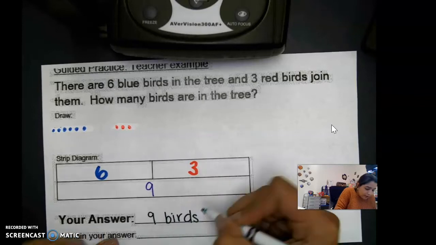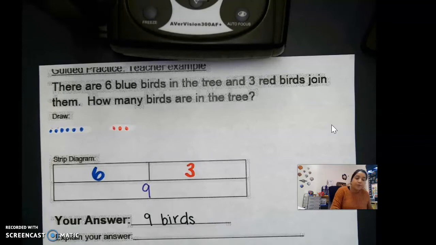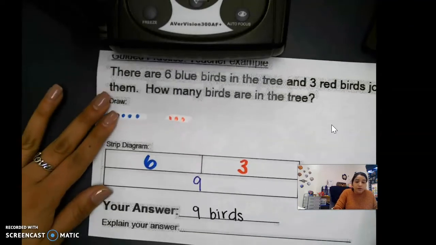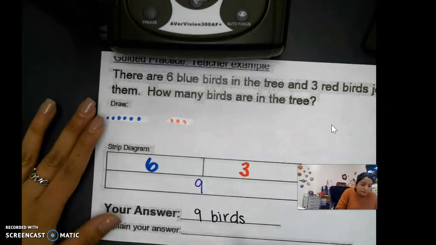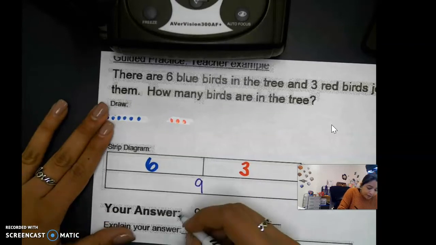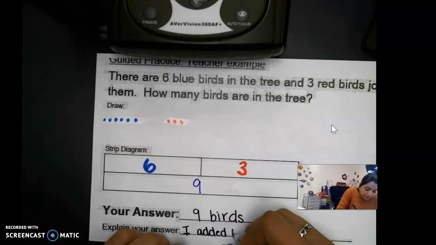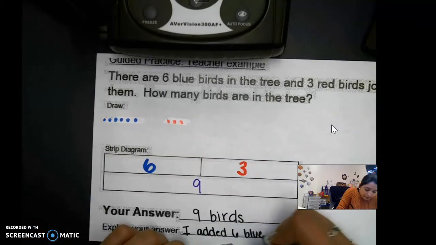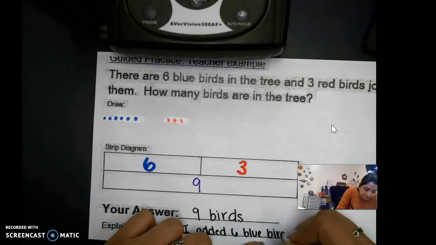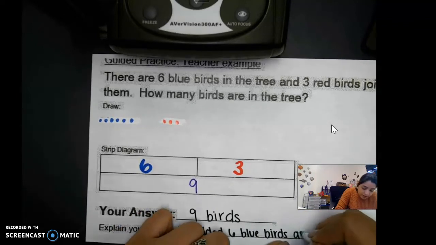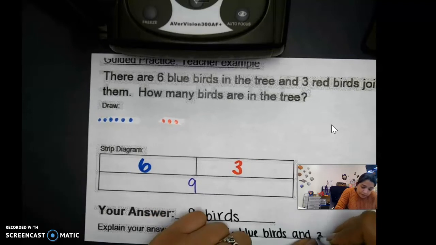And when we want to explain our answer, what did we do? What did we do with the 6 bluebirds and 3 red birds? We added them. So I'm going to say I added 6 bluebirds and 3 red birds together.